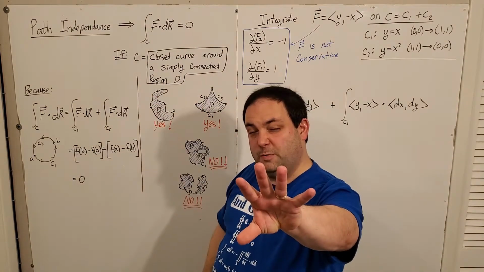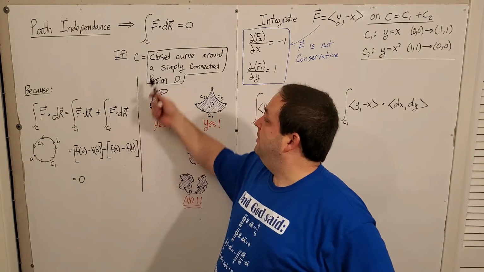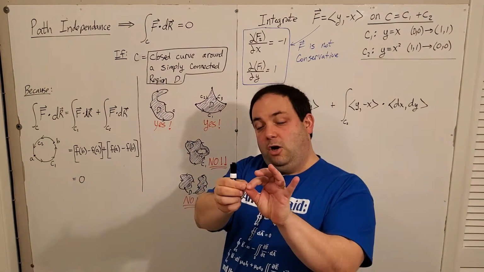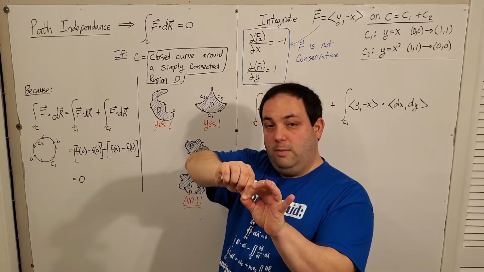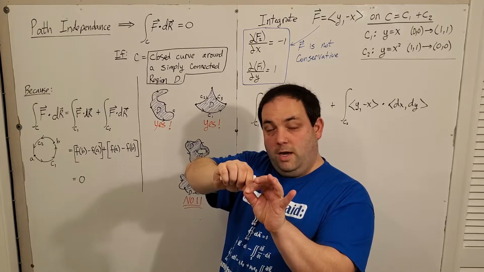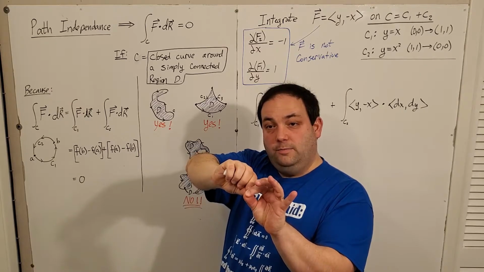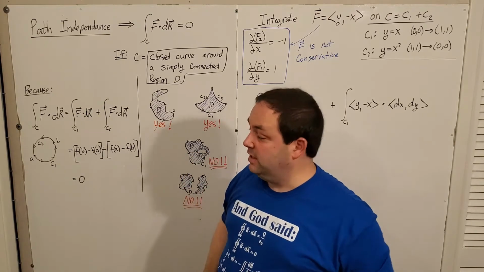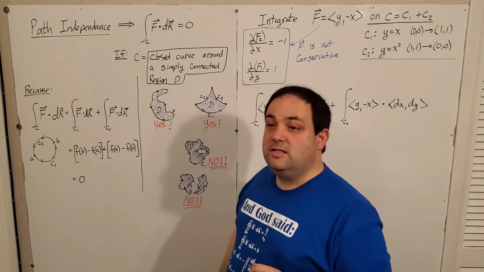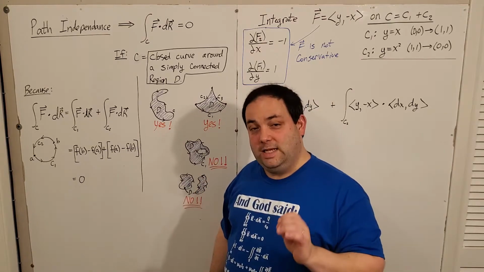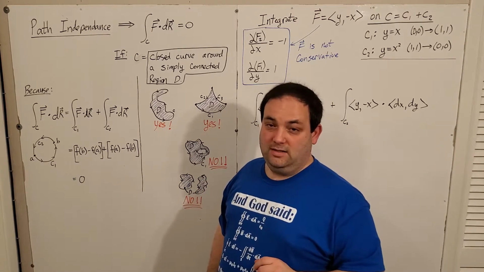Now let's be a little more specific about closed, okay? Closed means that a curve is going to meet back up to the same point that it started, right? It's going to go through some path and then come back to its point of origination. And we need to further stipulate that it needs to be around a simply connected region. What does that mean, simply connected?